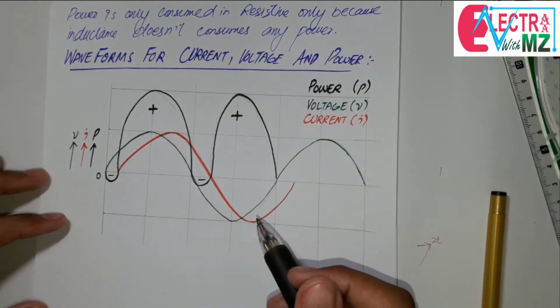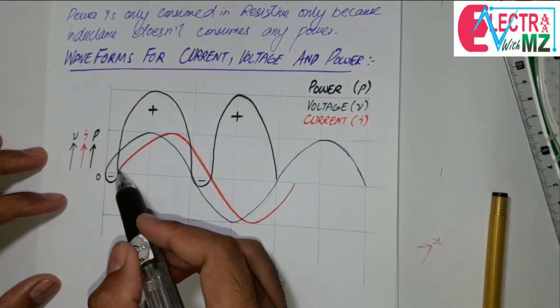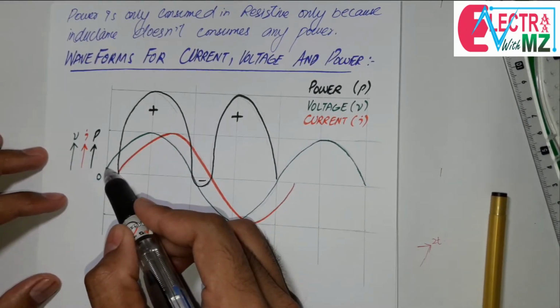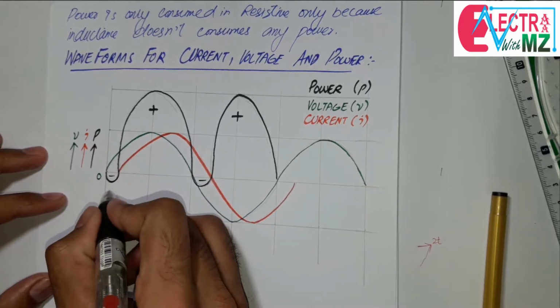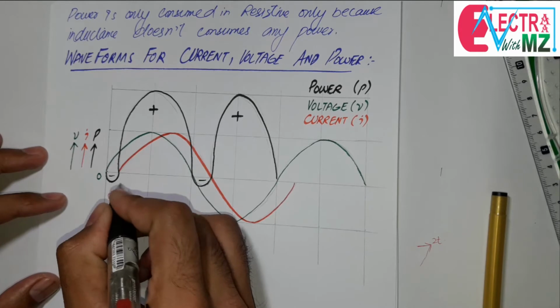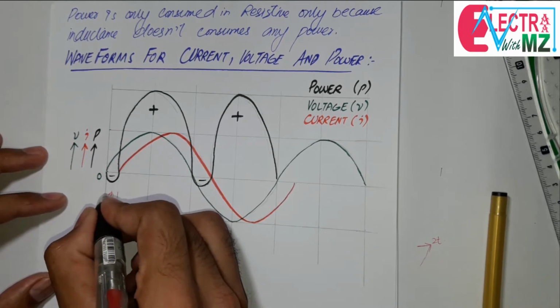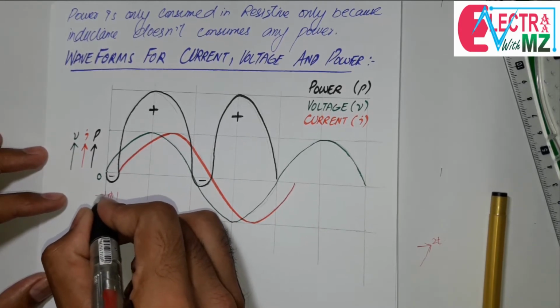So this is the waveform for current, voltage and power. As we know, in an inductive AC circuit, the current lags behind the voltage by the phase angle phi. So we draw it here. Okay.